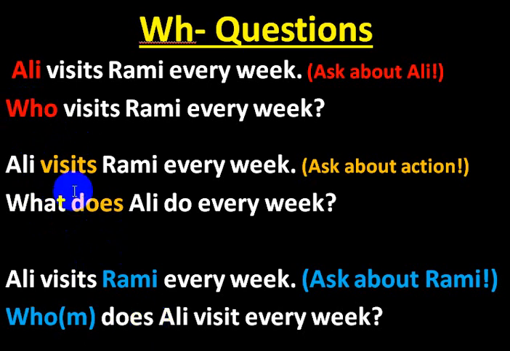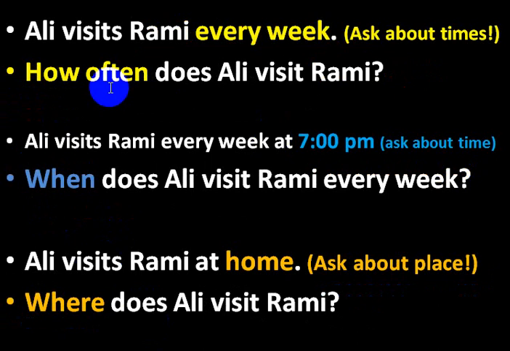Comes the auxiliary verb, except the first case, because you are asking about the subject, as we said. So here we say, how often does Ali visit Rami? I don't say does visits. Visit Rami. Why? Because I have does. So after the WH question directly comes the auxiliary verb.